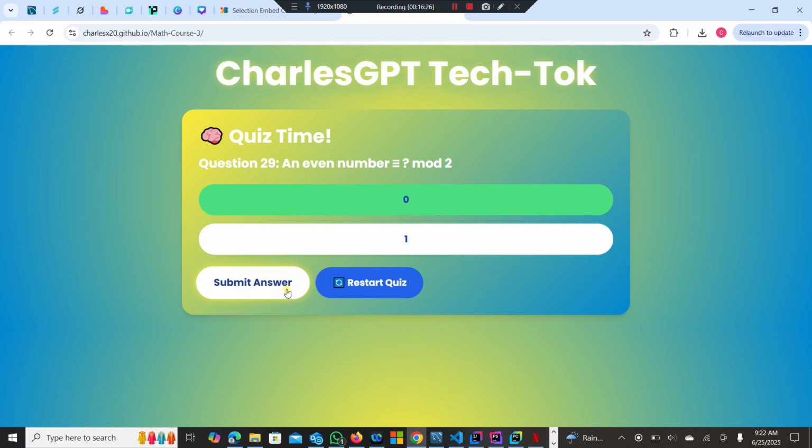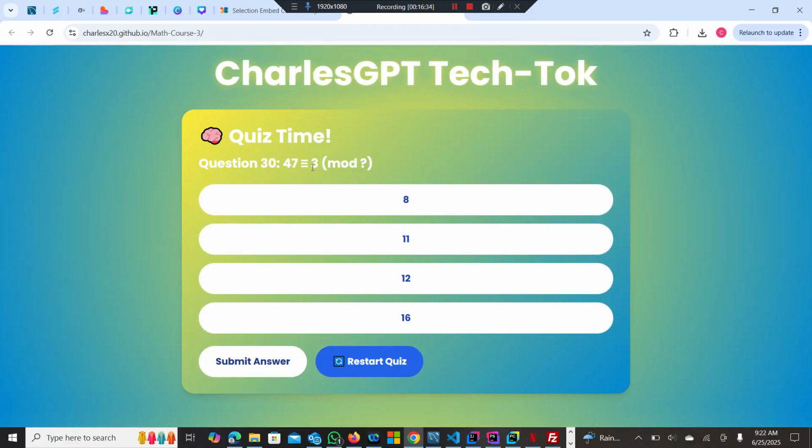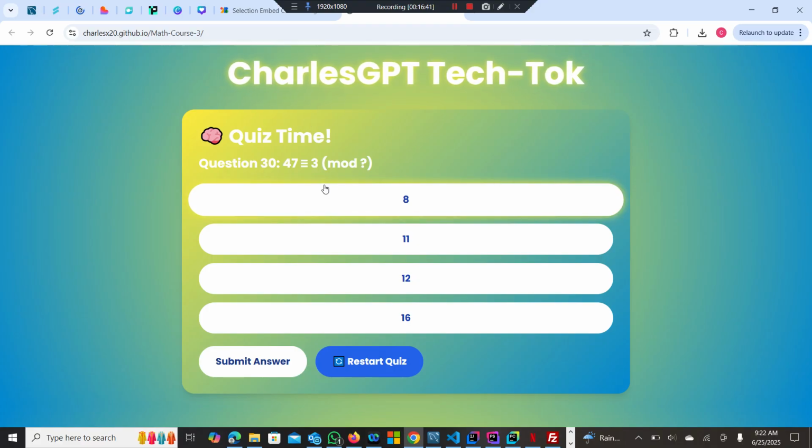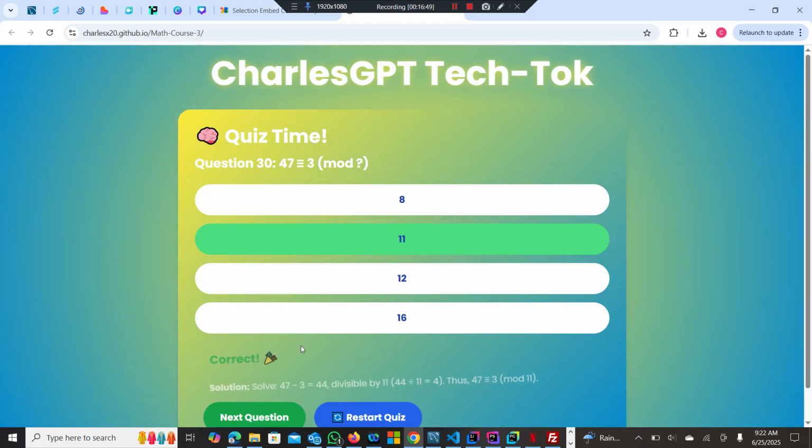Let me try 0, correct. It gives you an explanation for this. So what would divide 47 that will give you a modulus of 3? It would be 11 because 47 divided by 11 would be 4 remainder 3. So I think it's 11, yeah.